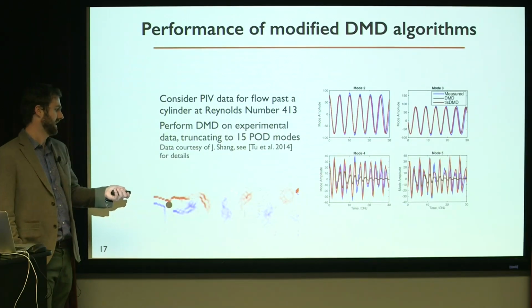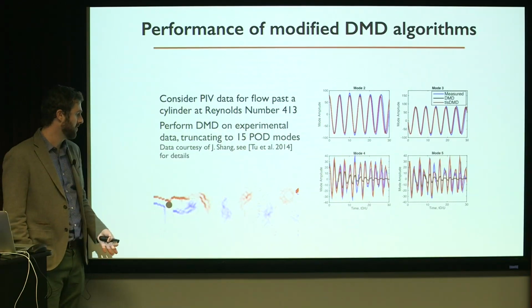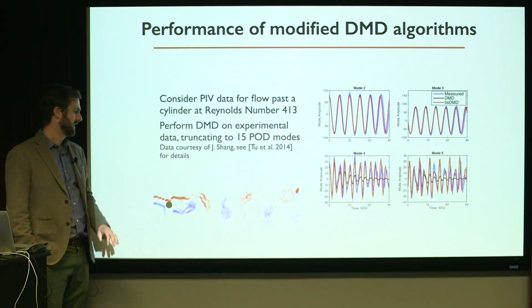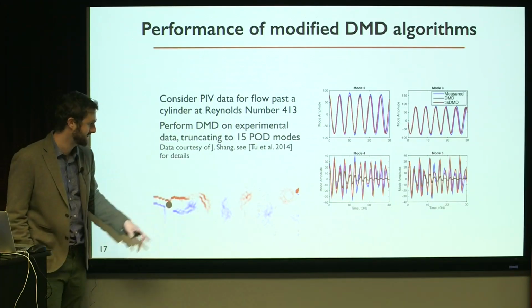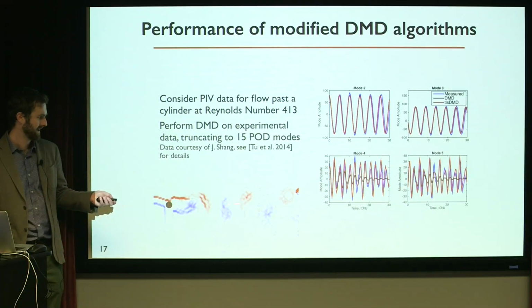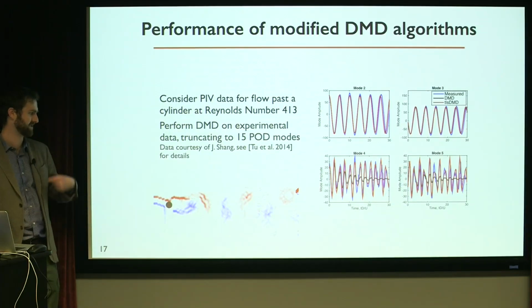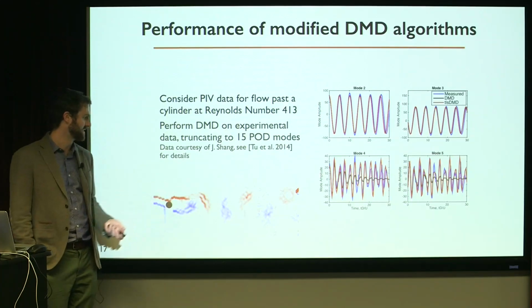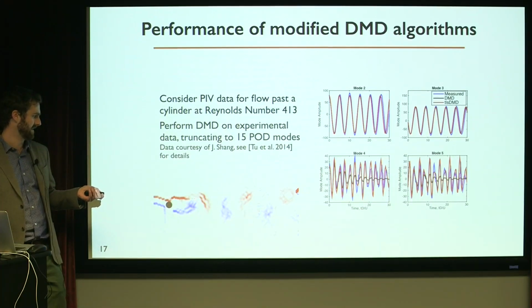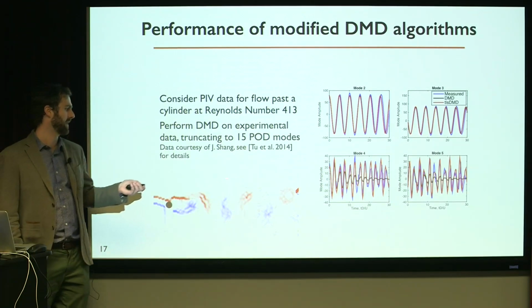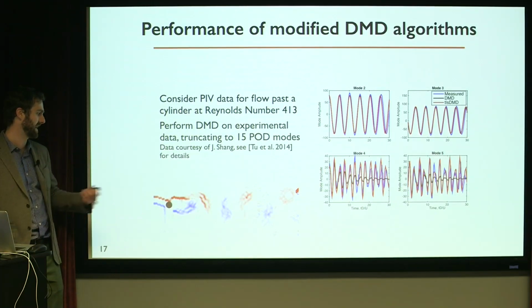And I'll mention here that in this case, we no longer have nice, clean, uncorrelated Gaussian noise. This is noise that comes about from a variety of sources, arising from limits in spatial resolution and how we're collecting and processing the data from an experiment.